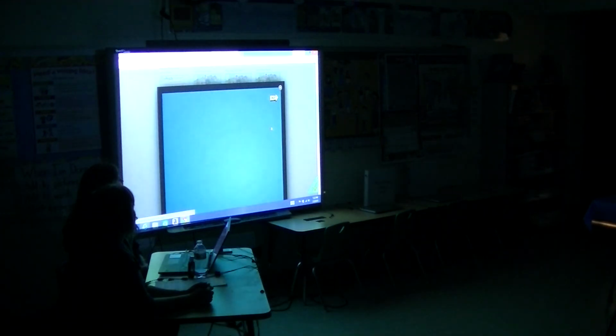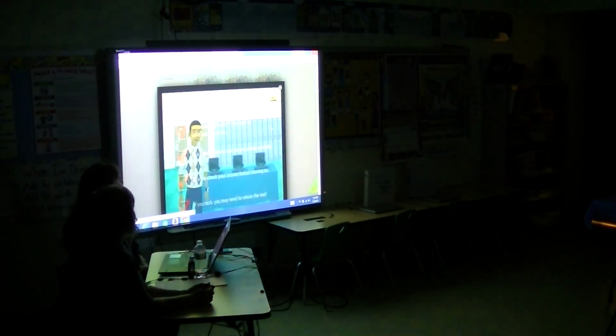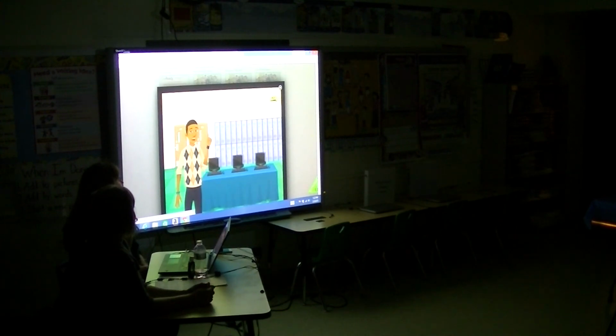But if you want to get that just right fit, you need to take your time and try your best. Here are a few tips. Use your pencil and paper if you need to work out a problem. Read each question and every answer choice carefully. Double check your answer before moving on. Remember, if you rush and don't take your time, you may need to retake the test. Maybe you haven't learned how to answer every question you see on the test, but that's okay.